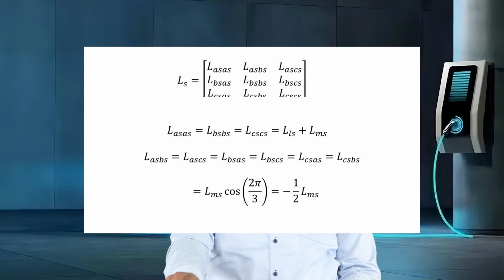Now, the voltage equations shown previously are converted into the DQ reference frame by using these equations. Here the DQ reference frame is rotating at a speed omega. These are the flux linkages in DQ reference frame for stator and rotor windings. In case of stationary reference frame, omega is equal to 0.